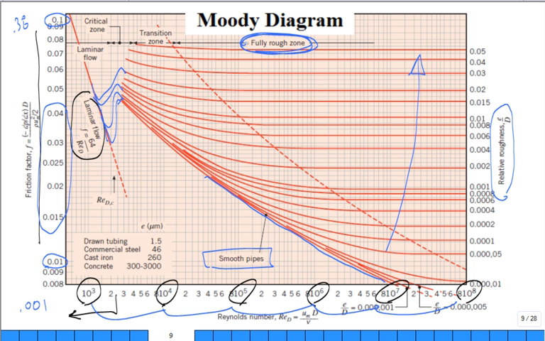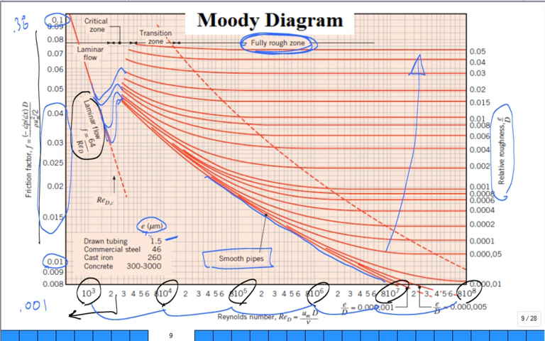Yeah. Why would someone use a really, really rough pipe? Well, you may have it because it's an old pipe that's been in service for a while, and there's some debris or stuff that ends up on the sidewalls that blocks the flow passage and gives it that roughness. But down here, if you have drawn tubing, the roughness of the drawn tubing is very low. Do we ever have engineering applications with drawn tubing? Yeah, copper, drawn tubing.